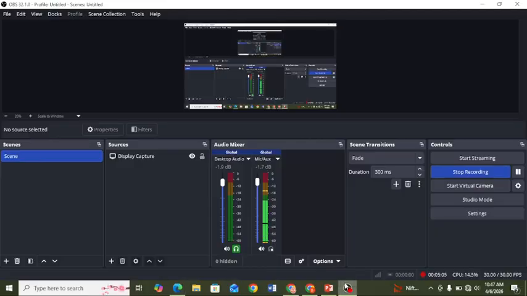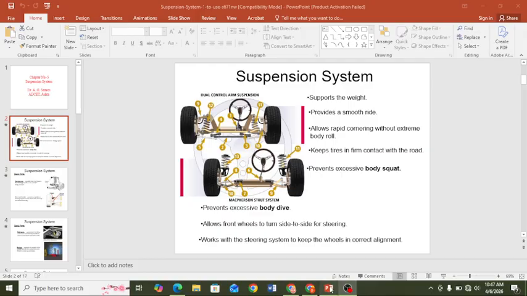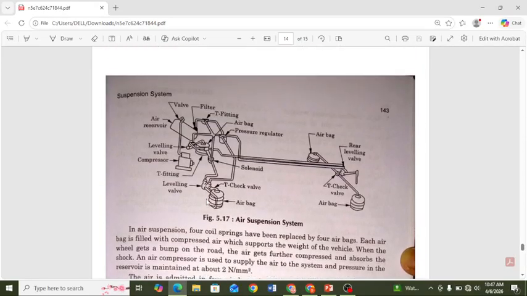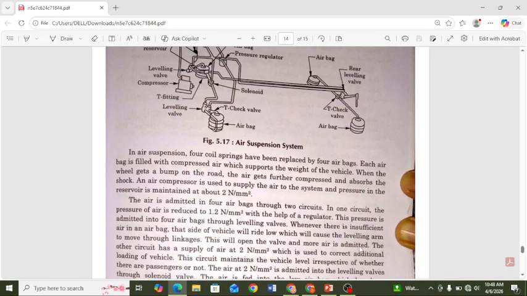This cushioning effect is applied with the help of the airbags, which act as air springs. These airbags are used in heavy load vehicles, sports utility vehicles, and even Ferrari vehicles, which use different kinds of air suspension systems. Okay, that's all about the air suspension system.